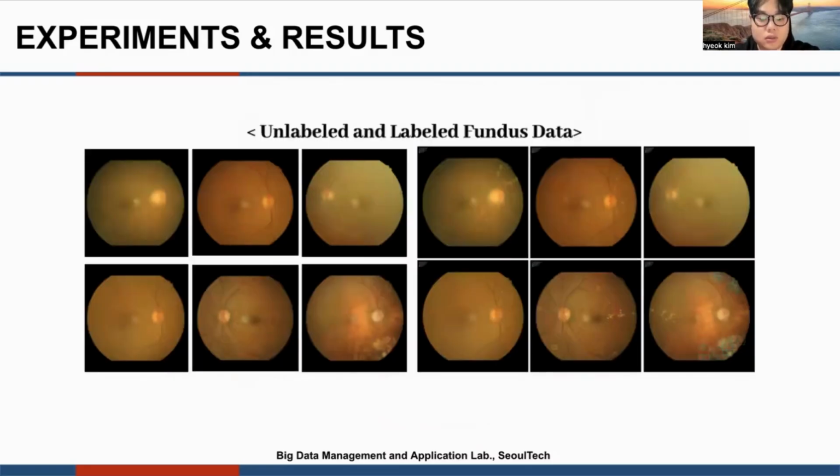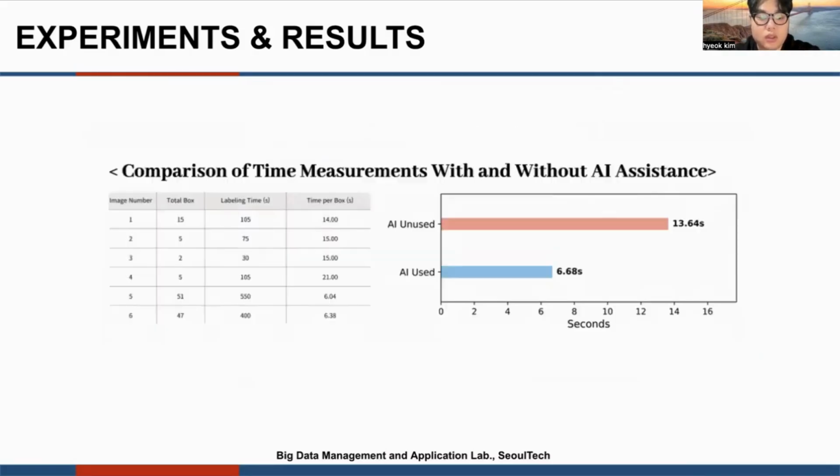This slide shows an actual retinal fundus image annotated by an ophthalmologist at the National Medical Center using our annotation tool. The table and graph on this slide show the average annotation time per lesion based on 6 retinal images.